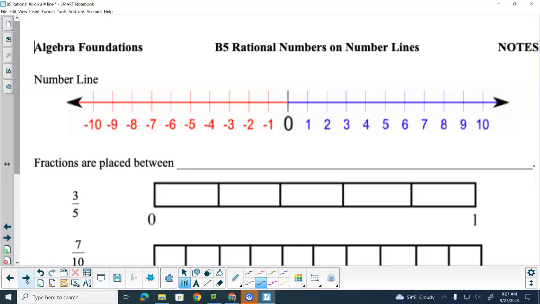From our notes yesterday, how do I know that a fraction is bigger than 1? How do I know from your notes yesterday, literally one page before this, how do I know that a fraction is bigger than 1?